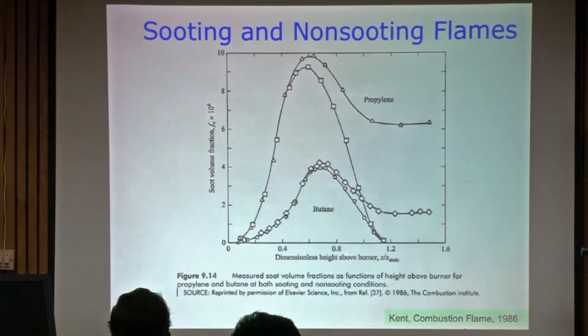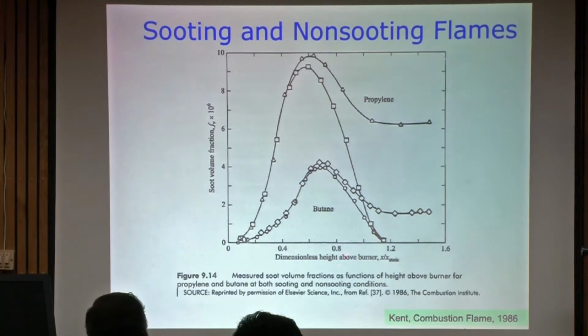So the soot volume fraction increases and then decreases. But if it is a sooting flame, then not all of the soot is oxidized, some escapes the flame. So that is a sooting flame. You will see the yellow zone, where the soot is produced.